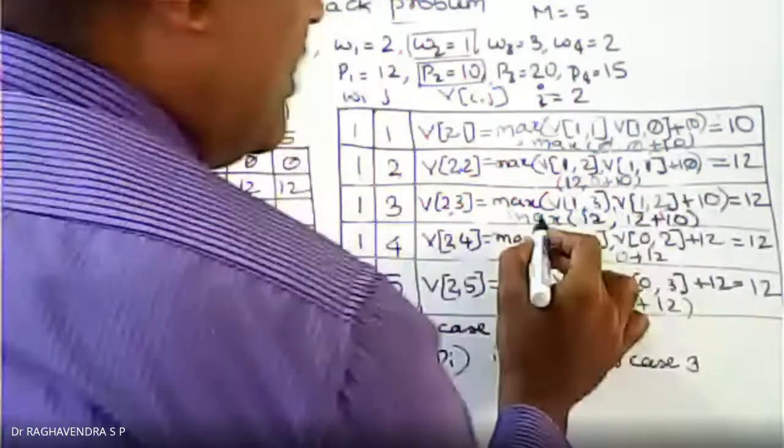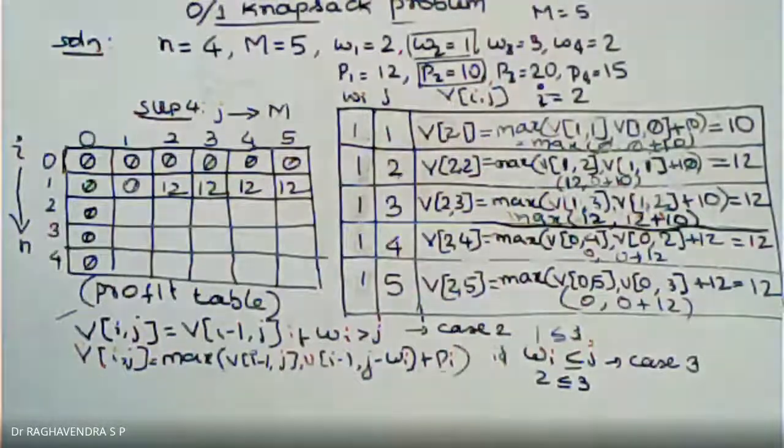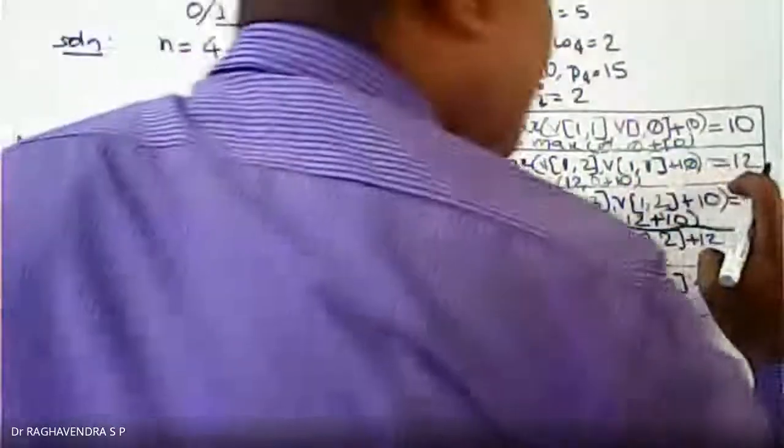So on one side we have 12, on the other side 12 plus 10, that is 22. Which one do we have to take? 22 is the maximum. So this will become 22.